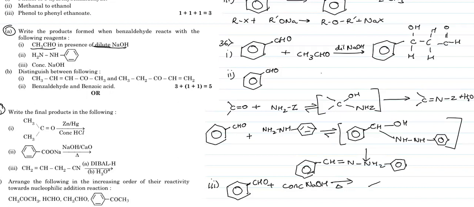This gives us benzyl alcohol, that is C6H5CH2OH, plus sodium benzoate. It's a Cannizzaro reaction. It's the name reaction. That's it. The last one is we need to write the final product for these reactions which have been given.